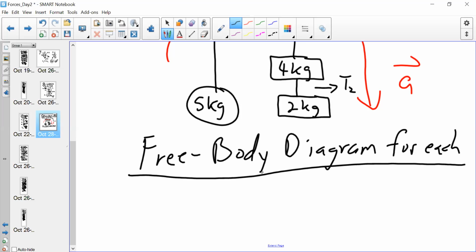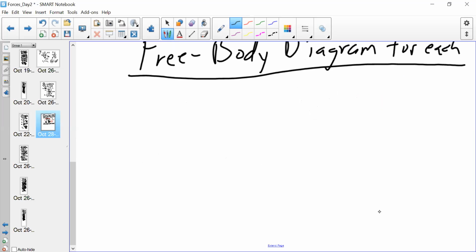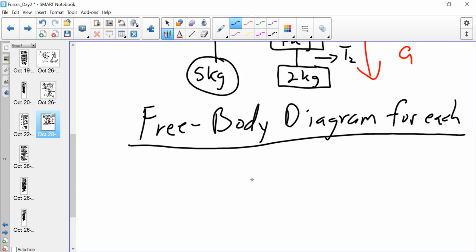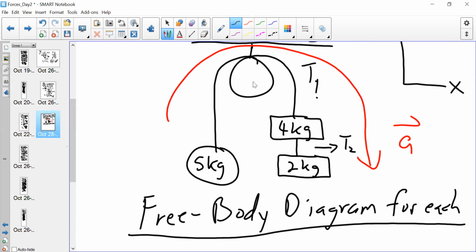Okay. So you guys okay with the fact that tension is always going to be pointing towards the pulley? It's always going to be pointing up as the weight comes back down to keep it attached.